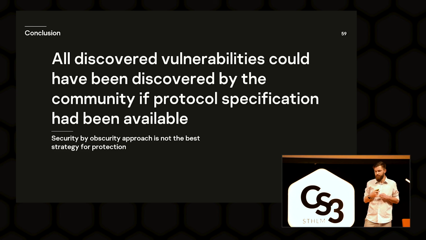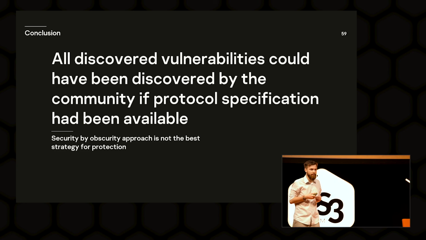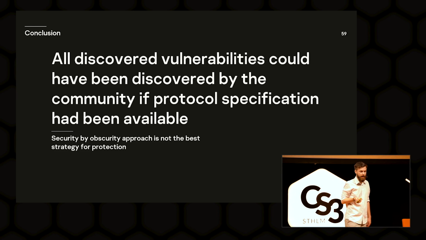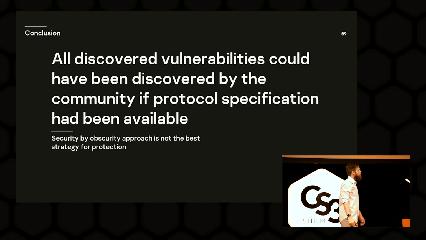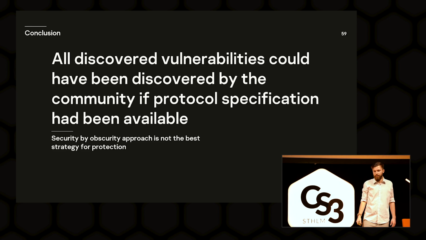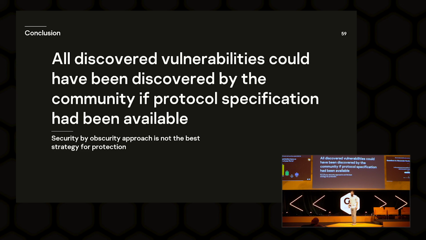And to sum up, I want to say that all these vulnerabilities could have been discovered by the community, the security community, I mean us, if the protocol description had been available. So the approach of security by obscurity in the 21st century doesn't work, and we have seen a lot of examples of this.